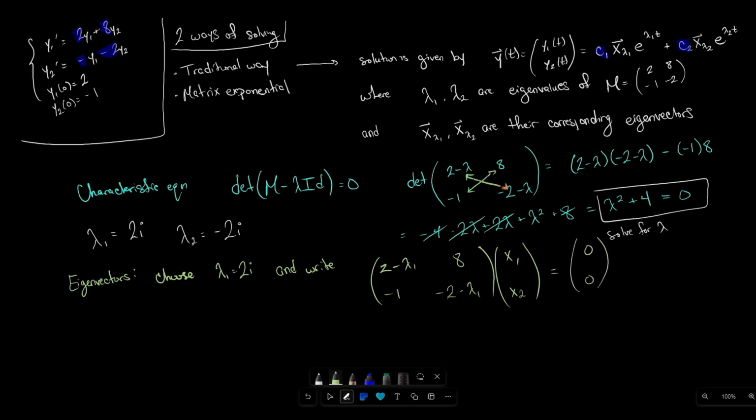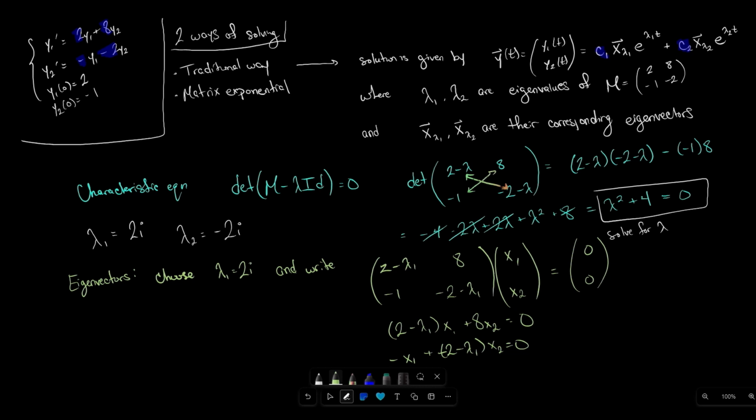If I actually compute this multiplication, what do I recover? I get 2 minus lambda 1, x1 plus 8, x2 is 0. That's the first row that I get when I compute that. The second row gives me negative x1 plus negative 2 minus lambda 1, x2 is 0.